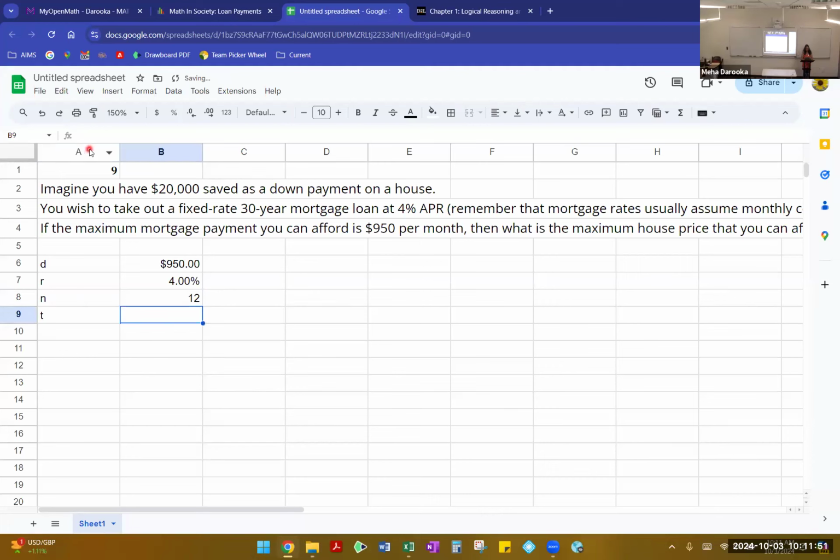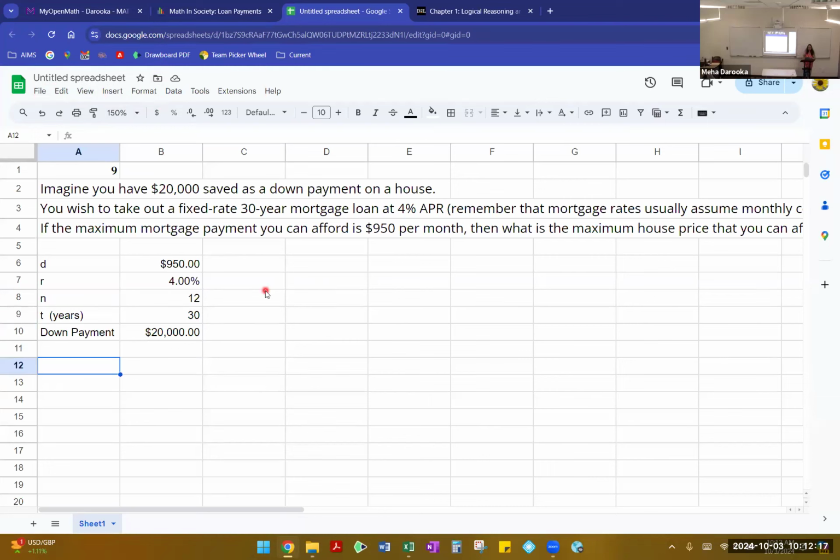And this is going to be a 30-year mortgage, right? Alrighty, I think that's all the information we have. Oh, and we do have a down payment of $20,000. So again, change that into a dollar amount. Is that all the information?